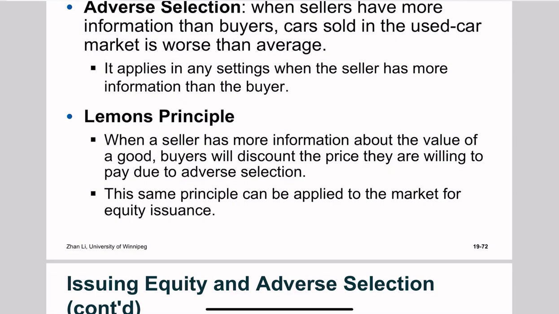They will only pay $2,000. Again, this Lemons principle will also apply to the market for selling equity. That is, whenever a firm is trying to sell equity to investors, investors will not want to pay the average price. They will want to pay this lower price due to this adverse selection, right?